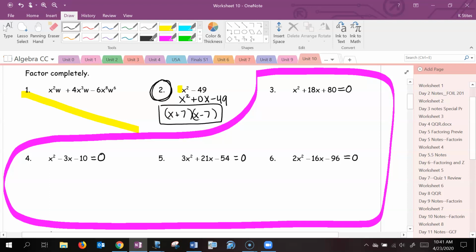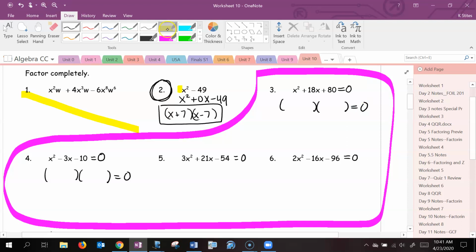Now, you would be able to check your answers on your homework answer key, but we've just changed these problems. So what I'm going to do is I'm going to go ahead and write down what the answers to these are now, and then you'll need to check them. Okay. Now, keep in mind, here we just have ones in front, so you're going to go straight to your factored form.